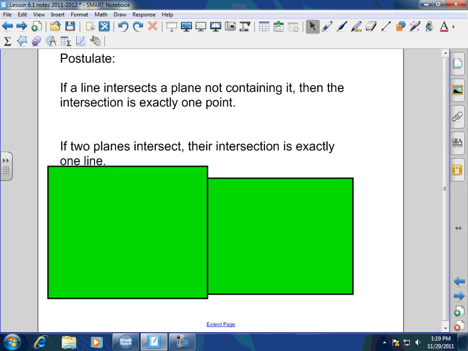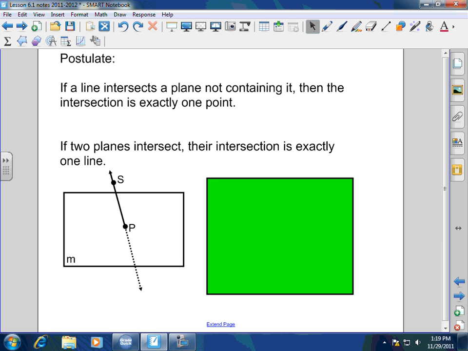If a line intersects a plane, this is what we've been talking about. This is the whole horizontal piece of paper with the pencil going through it. If a line intersects a plane, not containing it, then the intersection is exactly at 1 point. Again, my drawing is not as good as I would like, but that's the best that I can do.